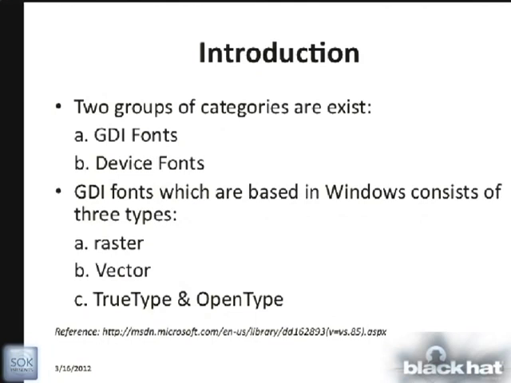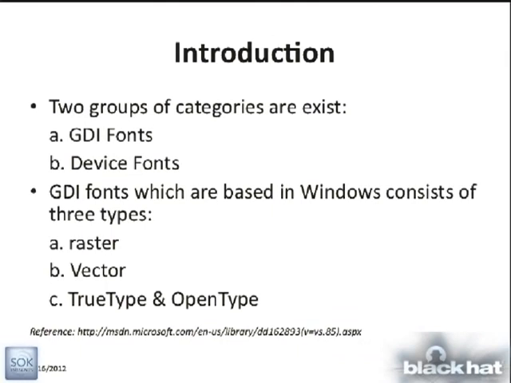First of all, let's have a short introduction regarding the fonts available within Microsoft Windows. Two groups of font categories, which are GDI and device, are among the fonts which exist in Windows. GDI fonts consist of three types: raster, vector, and lastly TrueType or OpenType fonts.